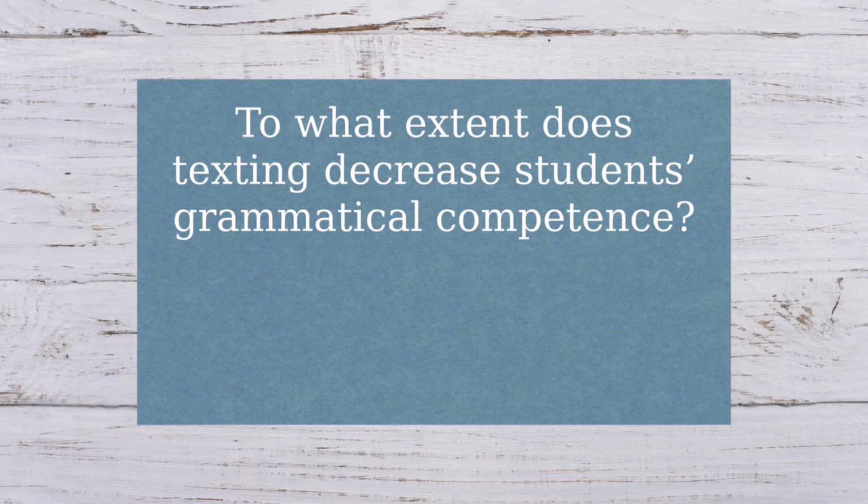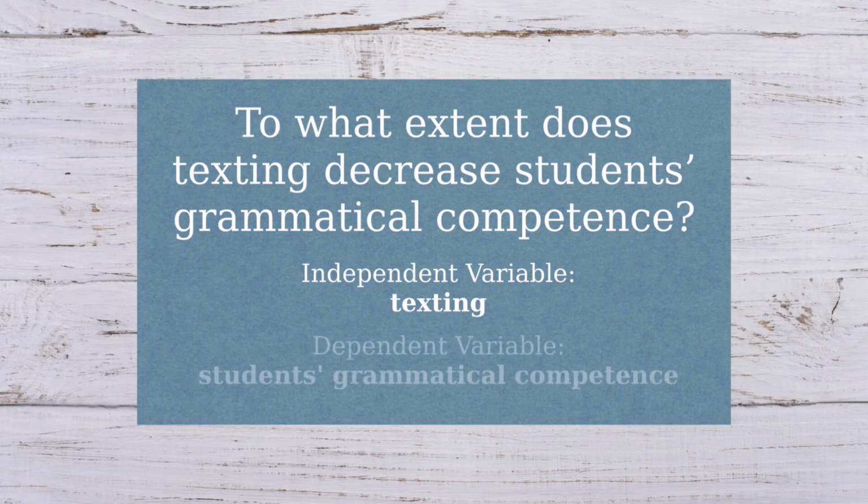To what extent does texting decrease students' grammatical competence? Here, texting is independent variable, while students' grammatical competence is the dependent variable. So those are the examples that can help you determine which is the independent variable and the dependent variable.